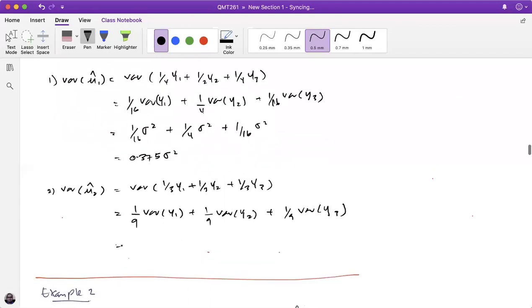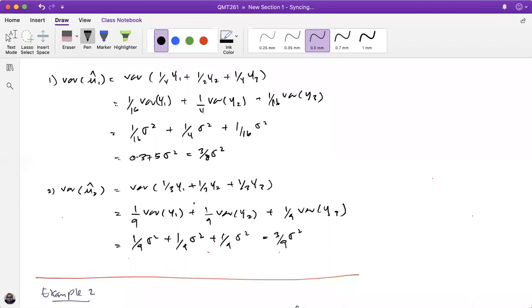So 1/9 sigma squared plus 1/9 sigma squared plus 1/9 sigma squared, which equals 3/9 sigma squared. Kalau fraction berapa? It should be 3/8 sigma squared.